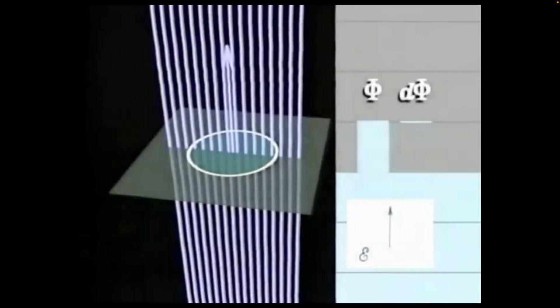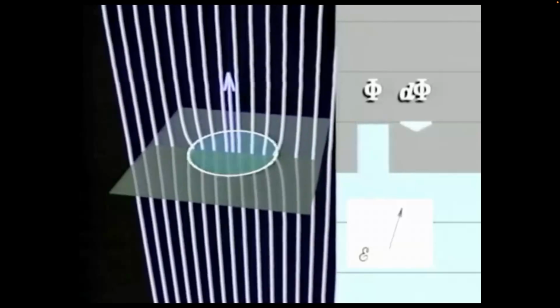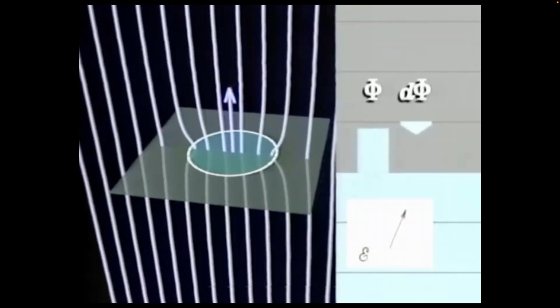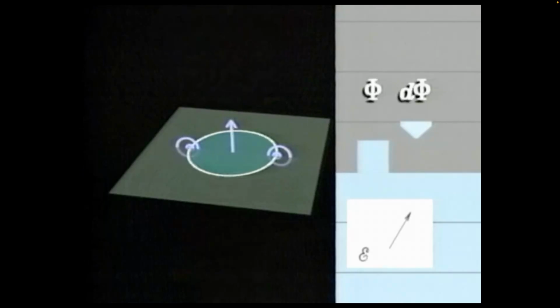The flux created by the induced current always opposes the change in the external flux. This rule is known as Lenz's law. The net result of both fields added together is to slow down the rate at which the magnetic flux through any circuit is able to change.